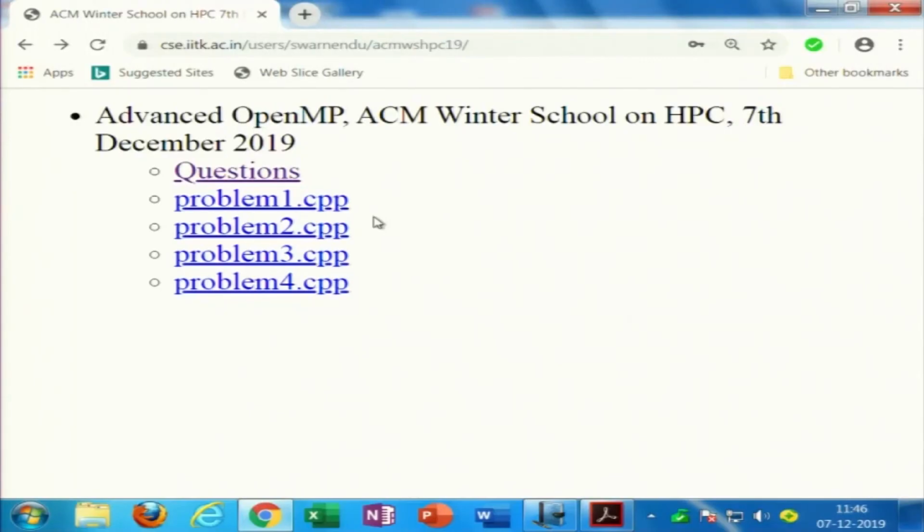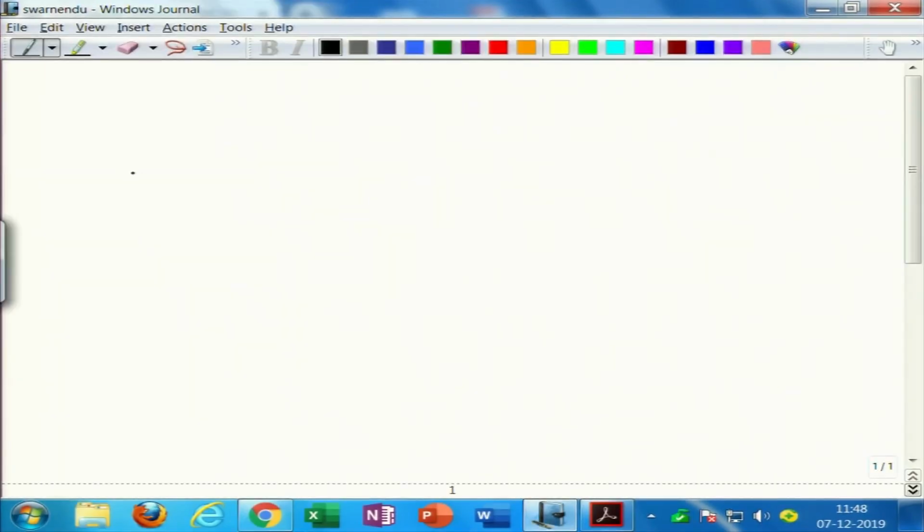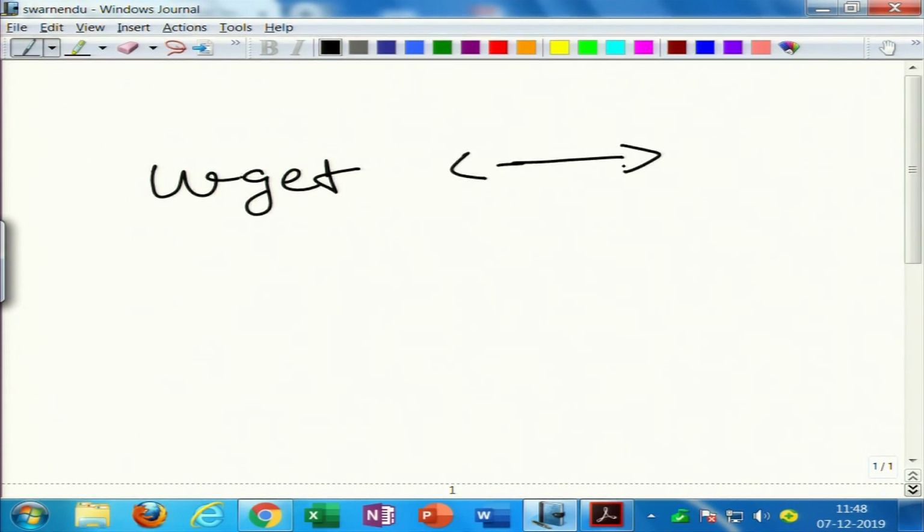You can copy this URL, copy link address. From the terminal, you can say wget and then the URL that I showed you. This way, you will be able to download the CPP files on those systems, and then hopefully you should be able to compile and execute them.